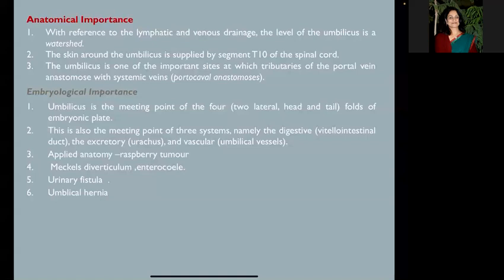It is the meeting point of 4 embryonic plates: 2 lateral folds and the head and tail folds.